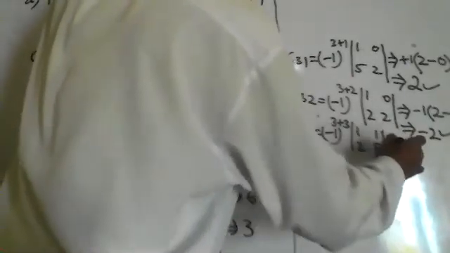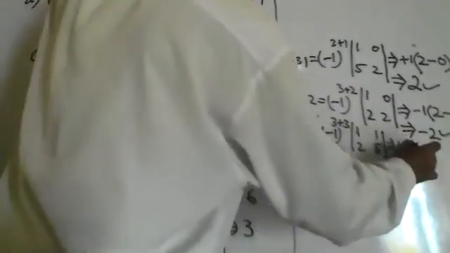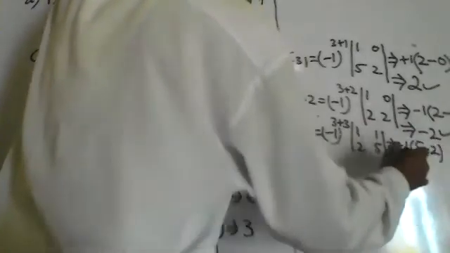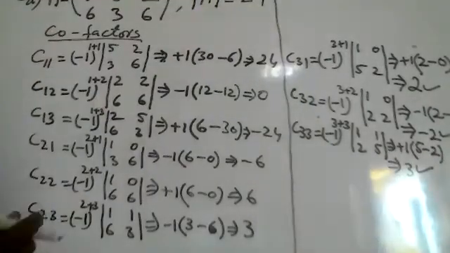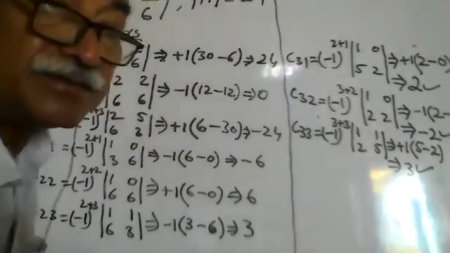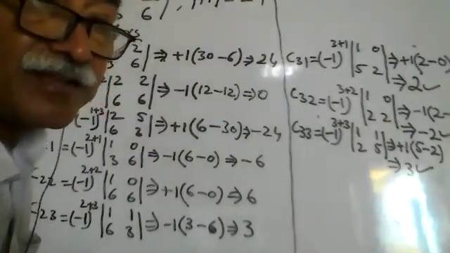Minus 1 raised to power 6 will be plus 1. Into 1 into 5 will be 5. Minus 1 into 2 will be 2. The answer is 3. This is the third row, third column.